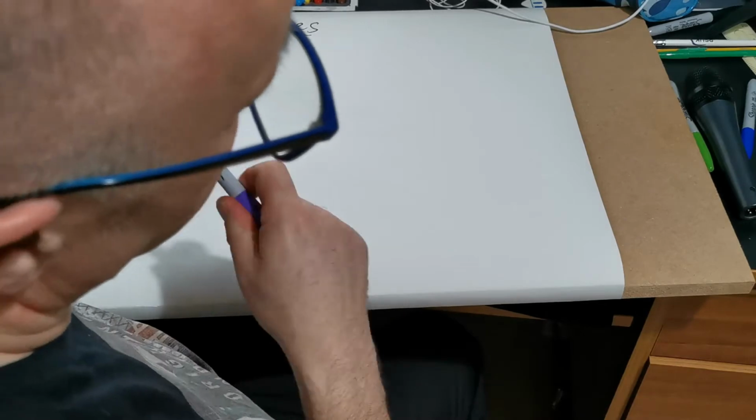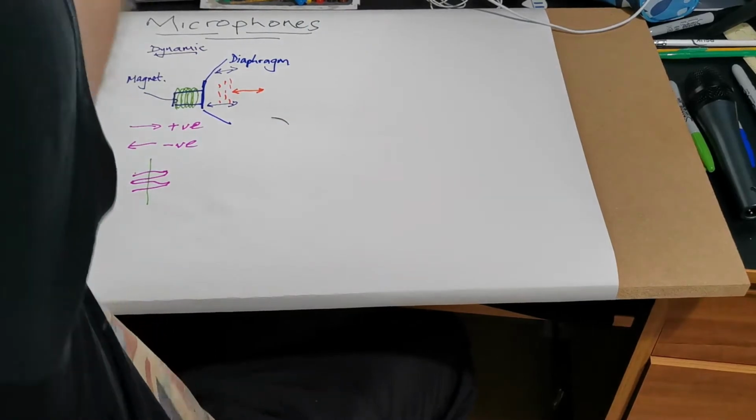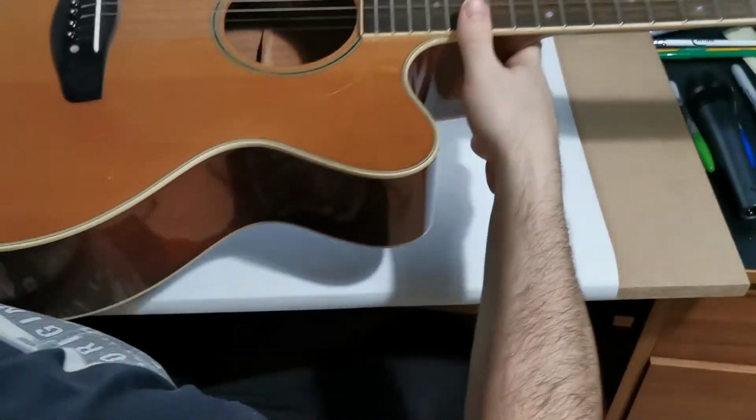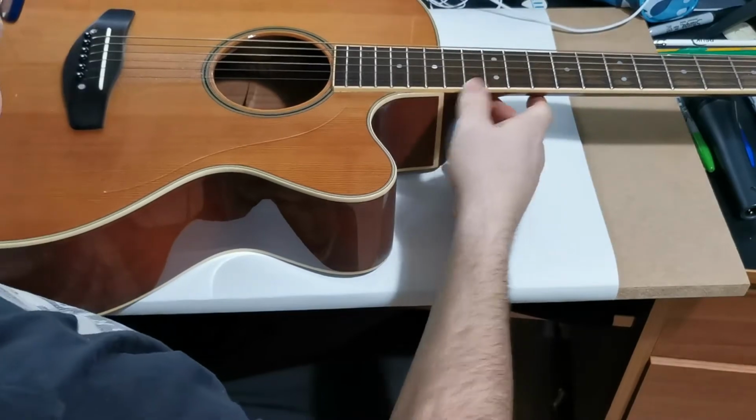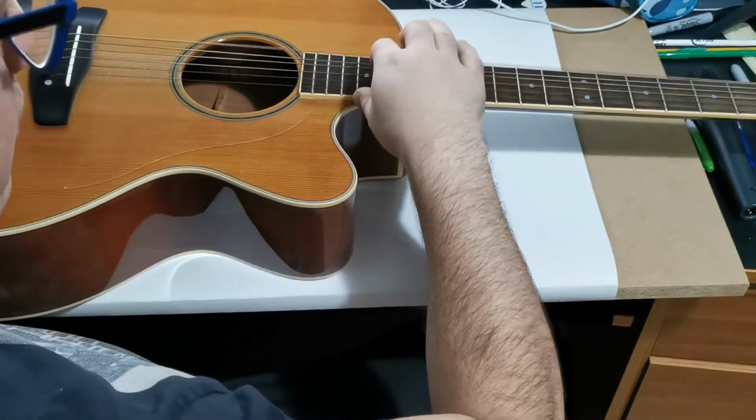Now another type of microphone that we have is called a piezo microphone, and you would get one of those on one of these. So guitars and violins all work the same sort of way.